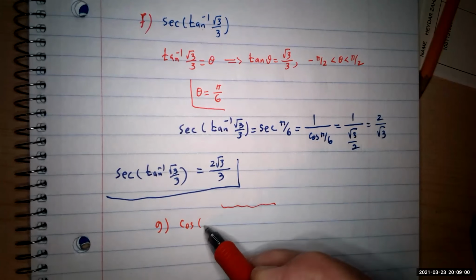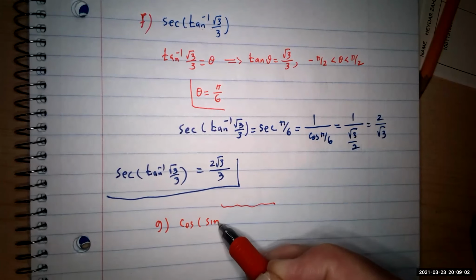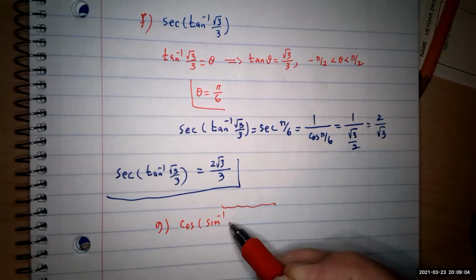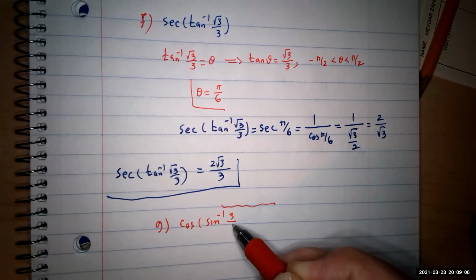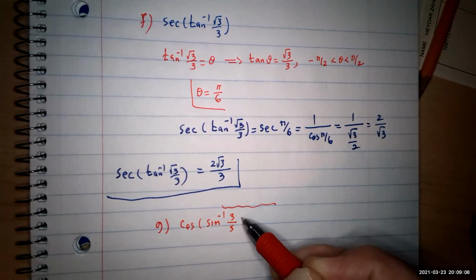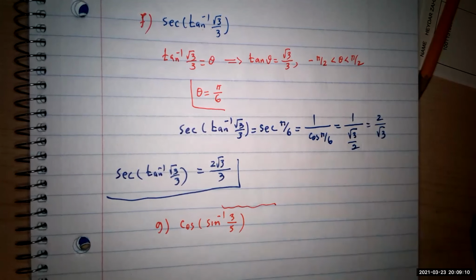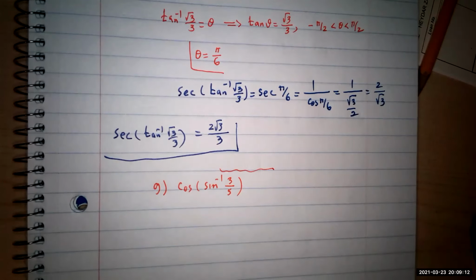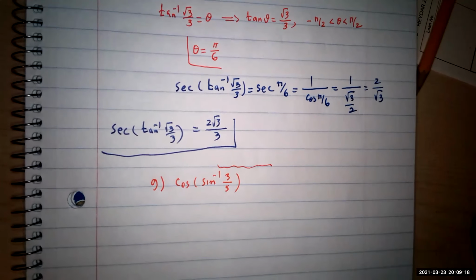So you want to find the cosine of the sine inverse of 3/5. As you can see, 3/5 is not a known one, so it takes a little bit more time, but it's not bad.